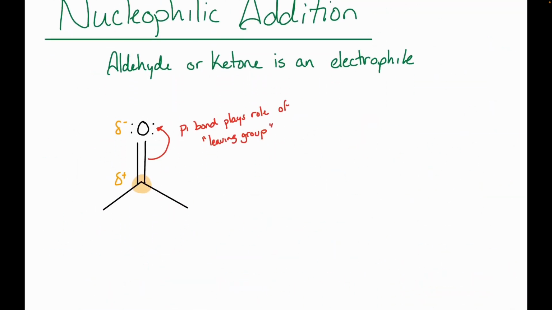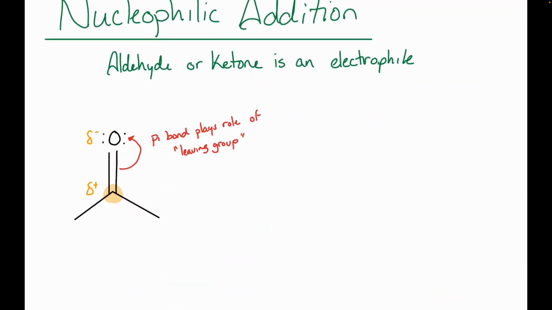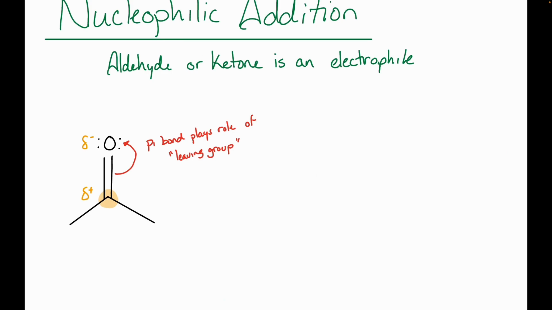Okay, so under acidic conditions, what we would see is that the carbonyl group gets protonated. Rather, the carbonyl oxygen gets protonated in those reactions.